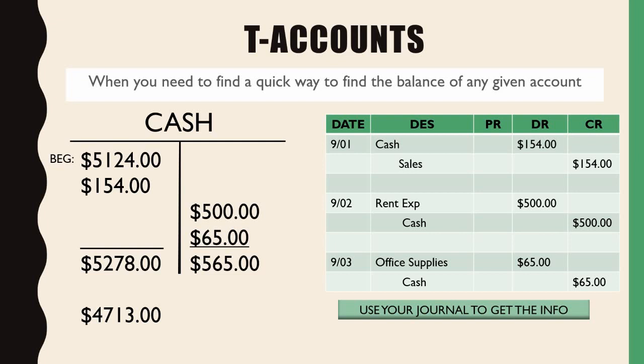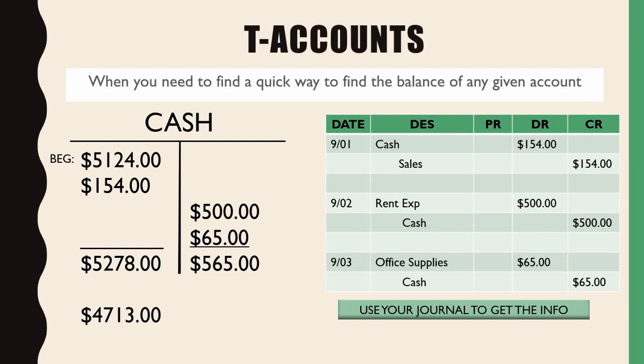So then you're able to create T accounts to get a quick overview of how much your account balance is. But that's not really necessary unless you are just trying to do it quickly on the side. You just want to know where you're at right now. That is completely fine.